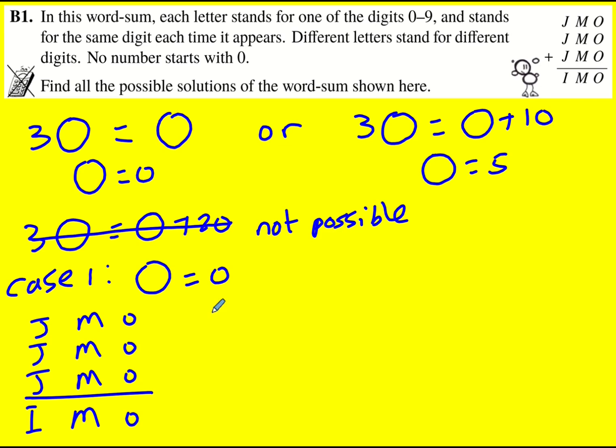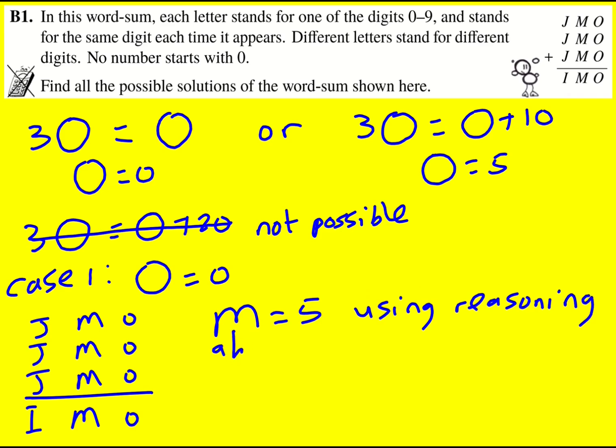So in this case, M must equal 5, using reasoning above, because it must be that 3M is equal to M or 3M is equal to M plus 10, but it can't equal M because M can't equal 0.